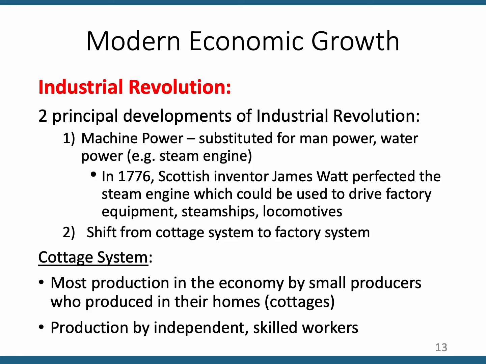Okay, so what is the Industrial Revolution? Let's talk about it. As I said, it's the shift from the cottage system to the factory system. I touched on this very briefly in Chapter 1, so we'll talk more about what happened exactly. So again, this started in England, and the cottage system was when anything that's produced in the economy was produced literally in people's cottages.